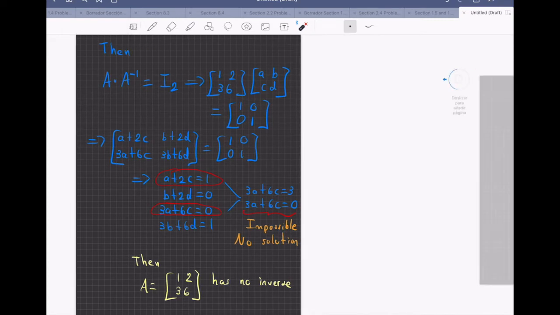All right. Now, the previous definition is only about how to verify that two given matrices are inverses. But now, how do we have a process to find the inverse for a given matrix? How can we know that? And of course, how to know that there is no inverse.